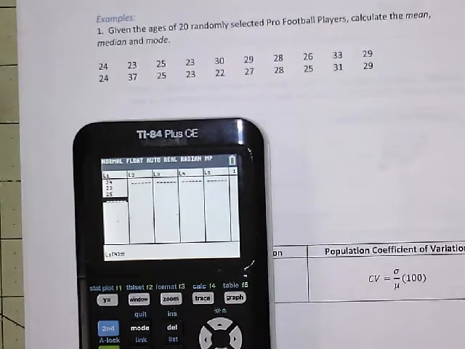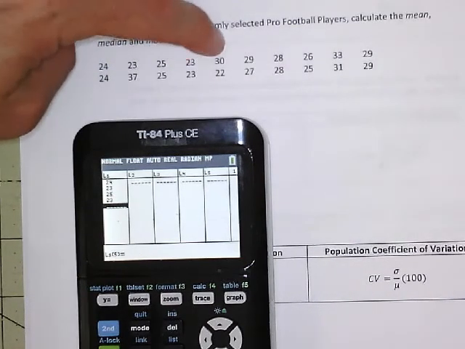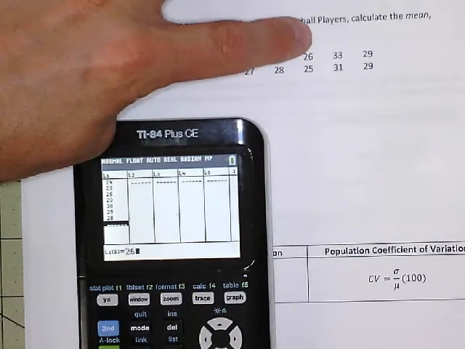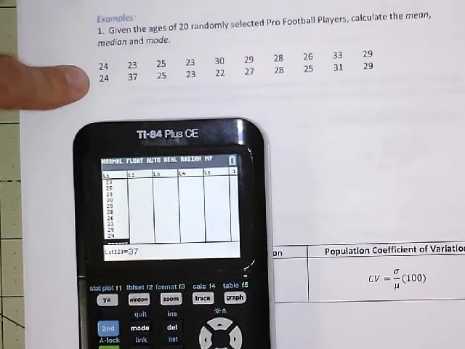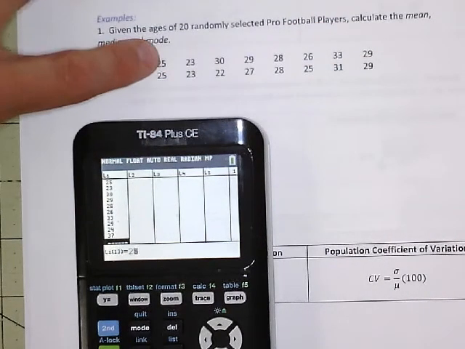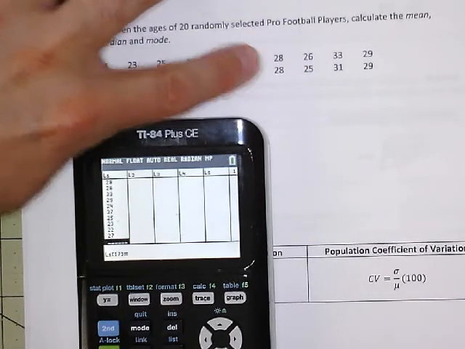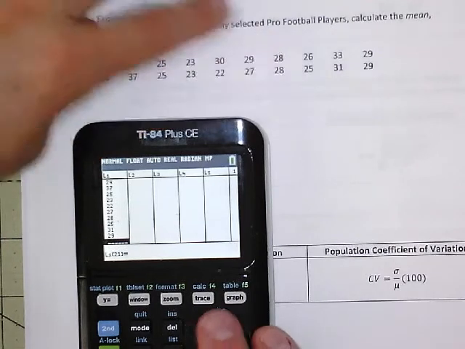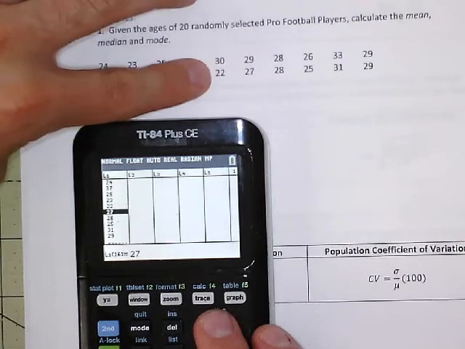So 24, 23, 25, 24, 23, 25, 23, 30, 29, 28, 29, 31, 20.